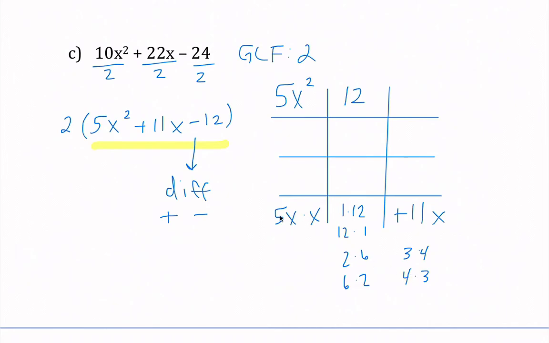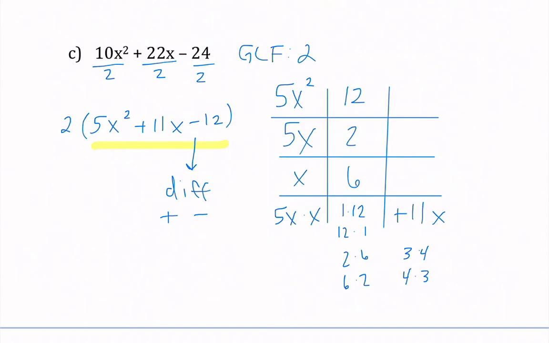So remember, it doesn't make it any harder, it just makes it a little bit more tedious. So I'm going to go ahead and put my 5x and my x. Let's start with my 2 and my 6. I don't like these in my head, so let's play with 2 and 6.